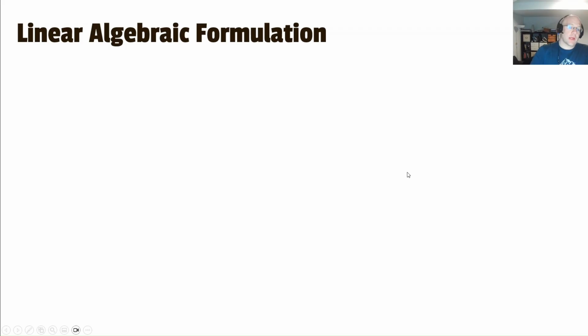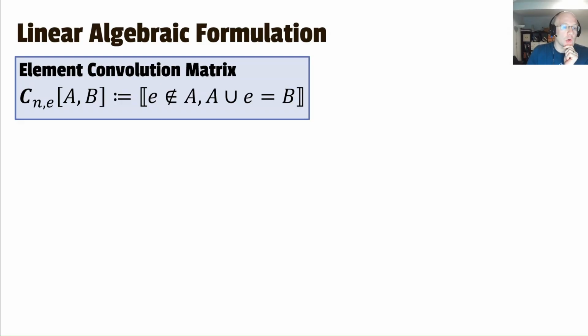Okay, so now we set up some nice matrix. We want to do some linear algebra with it. And to facilitate this, I'm going to define another matrix, which I call the element convolution matrix. It's indexed in the same way as the disjointness matrix, but it's also denoted with an element E, which you could think of as like one vertex of the graph.